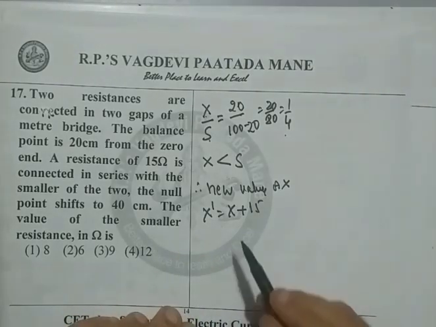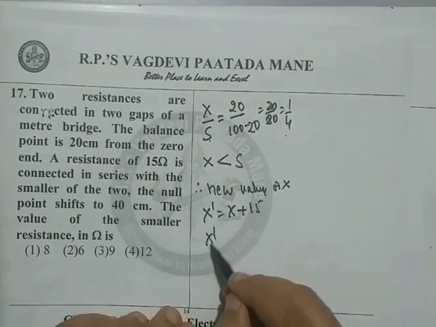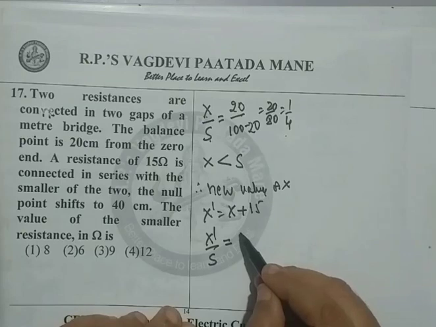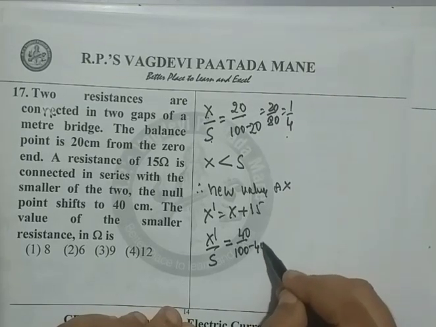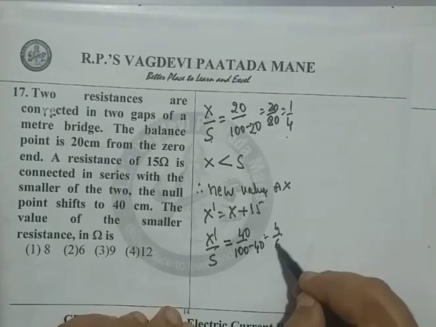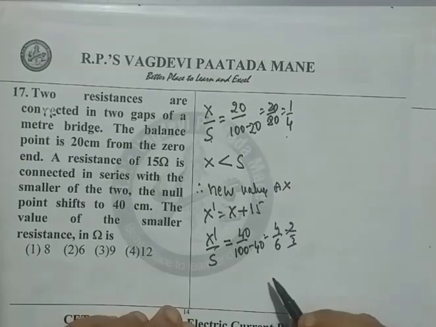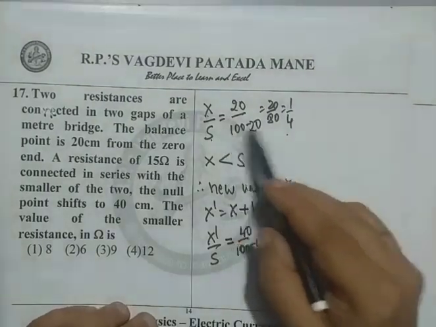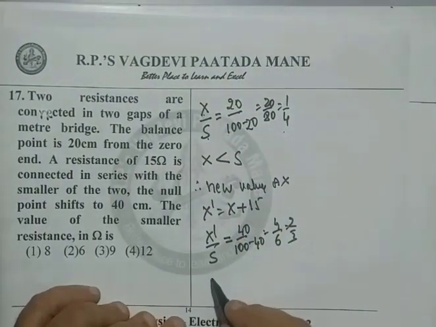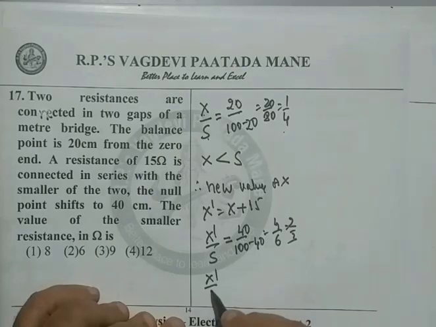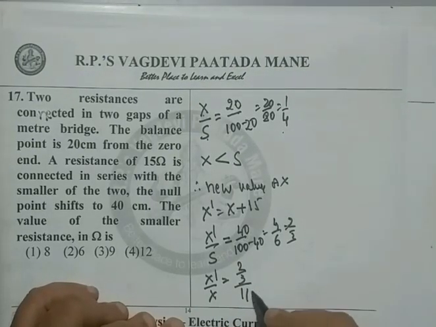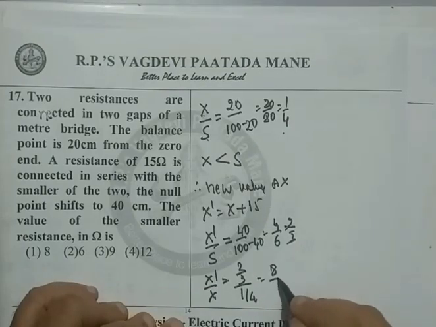And the balancing length is 40. Now we can write X dash by S is equal to 40 by 100 minus 40, which is 4 by 6 or 2 by 3. X dash by S is 2 by 3, X by S is 1 by 4. We divide them. X dash by X equals 2 by 3 divided by 1 by 4, so 8 by 3.